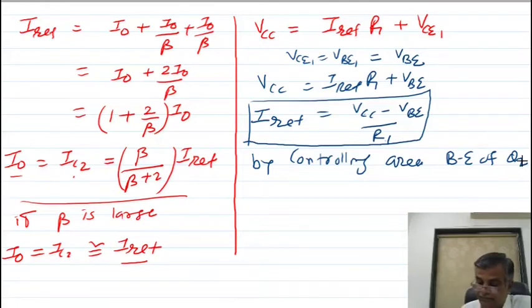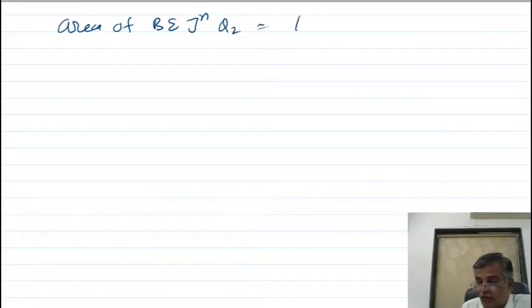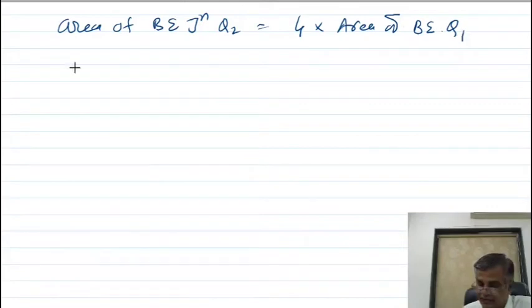If I keep the area of the base emitter junction of transistor Q2 at 4 times the area of the base emitter junction of transistor Q1, then I can get I0 as 4 times I reference.